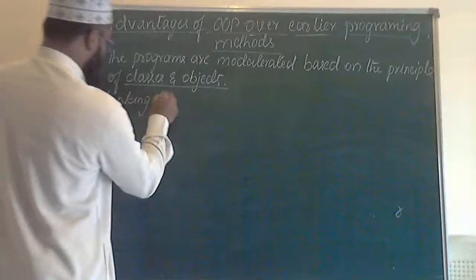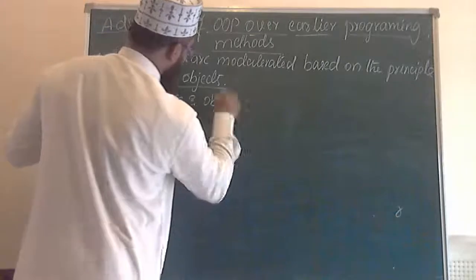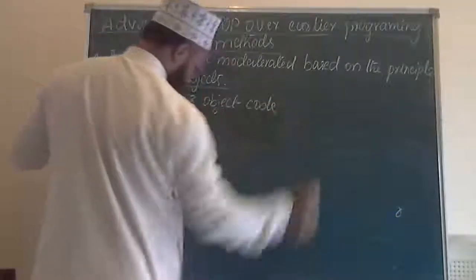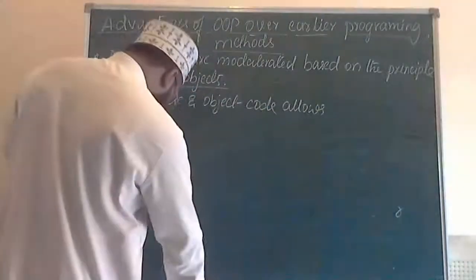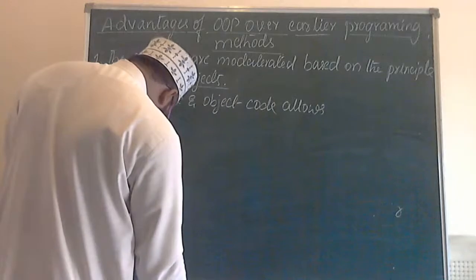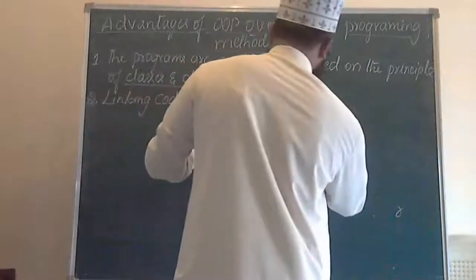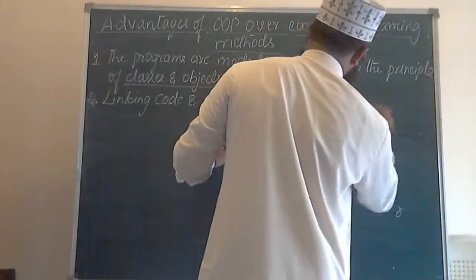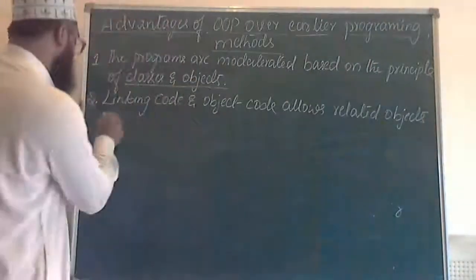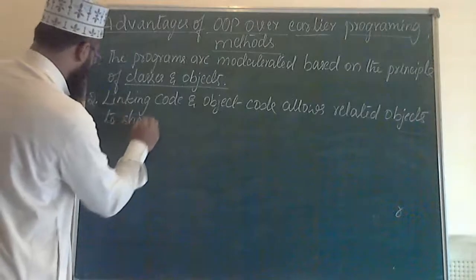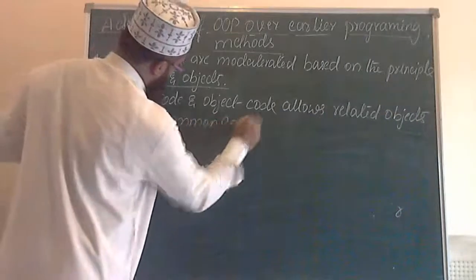Linking code and object code allows related objects to share common code.